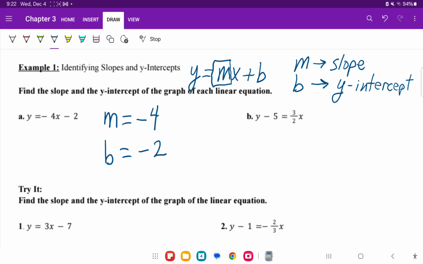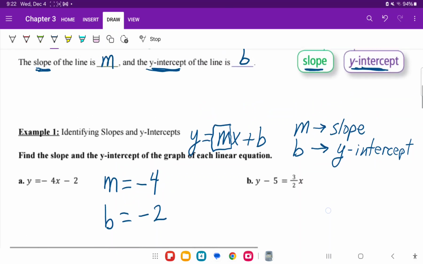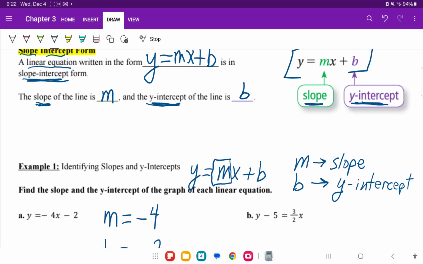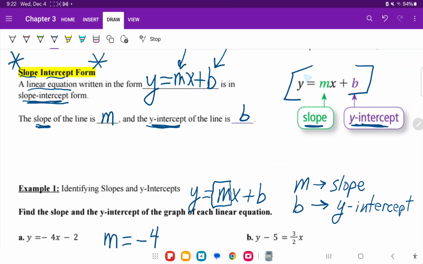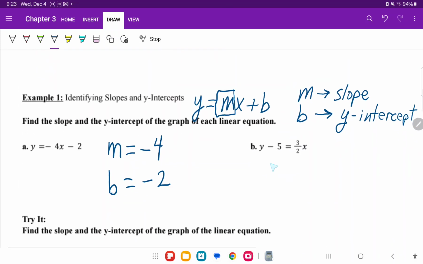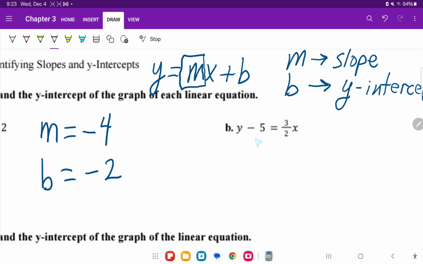Now, one thing we did not talk about is that y is on this side by itself. y has to be all by itself. If we look at example B here, y is not by itself. We have this -5. So we have to get the y all by itself.